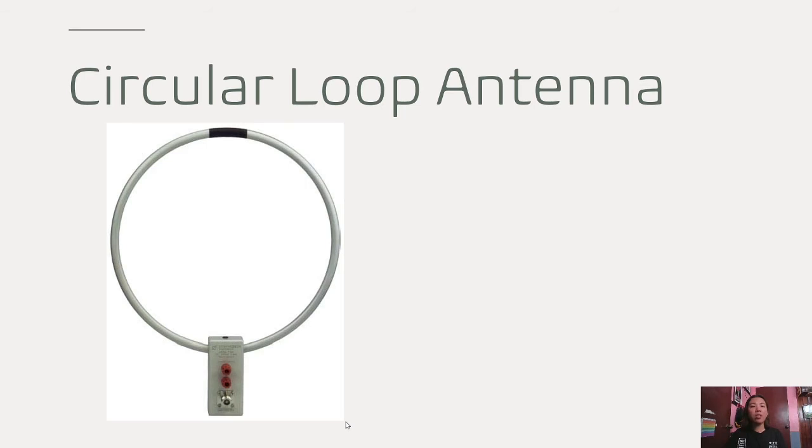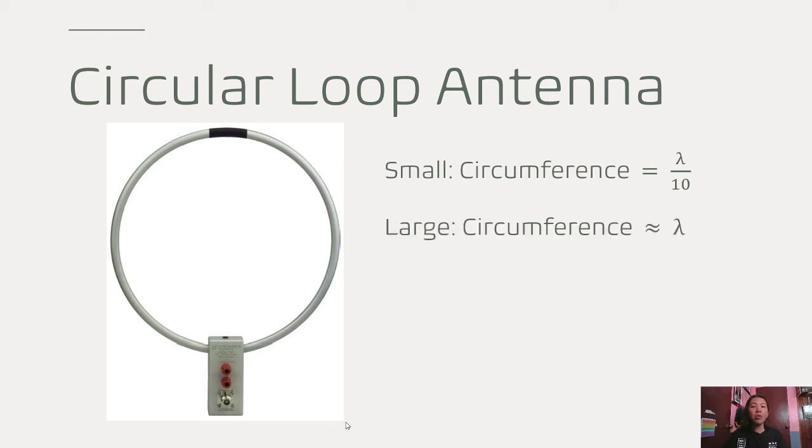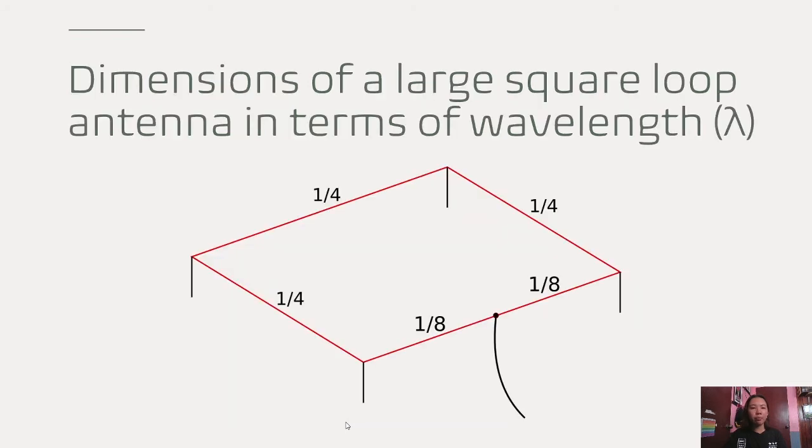This is a circular loop antenna. If its circumference is equal to 1/10 of a wavelength, it is considered a small circular loop antenna. When its circumference is approximately equal to its wavelength, it is considered a large circular loop antenna.